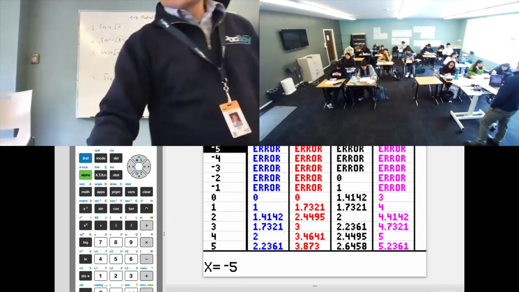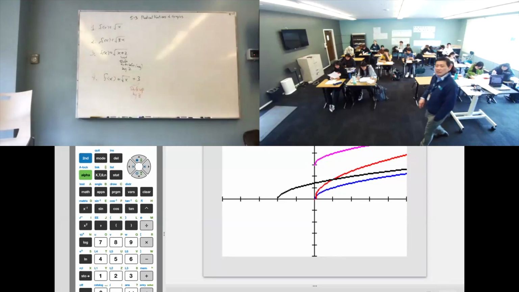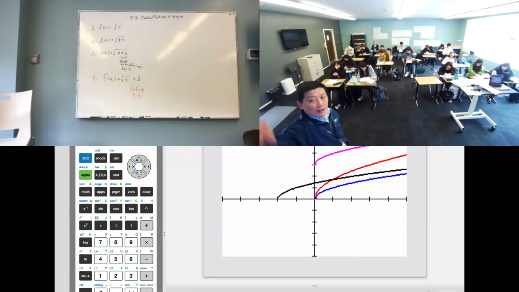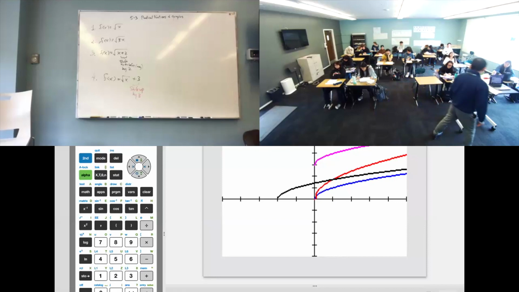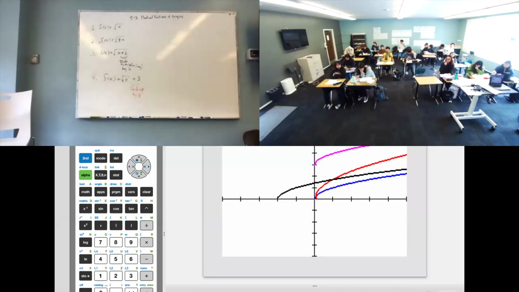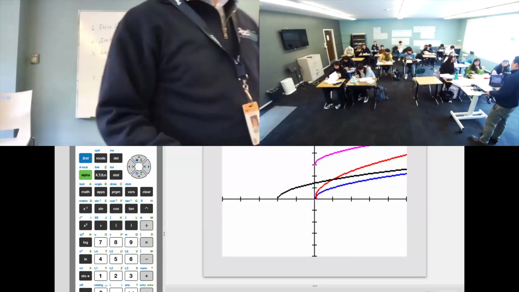Let's take a look at the graph. When we graph it, it makes sense. The comparison between the pink and the blue is a vertical shift or vertical translation, however you want to call it, moving up by 3. So good?